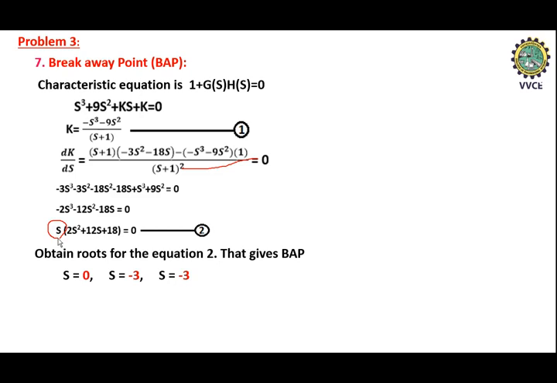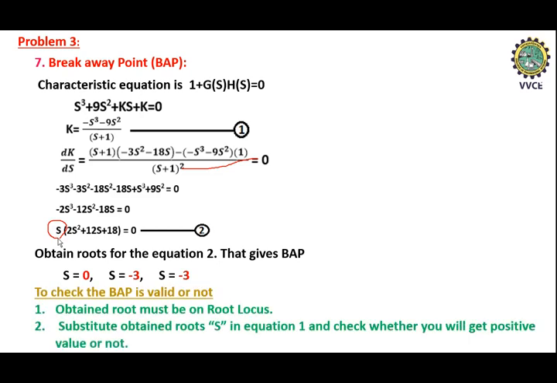So at 0 you can't be having the breakaway point, that is not valid, and for -3, check whether it can be a valid breakaway point or not. First it must be on the root locus, that is, in between -1 and -9 it should be present. So -3 is in between -1 and -9, that is a valid one. Substitute this -3 in equation number 1 and find out the value of k.